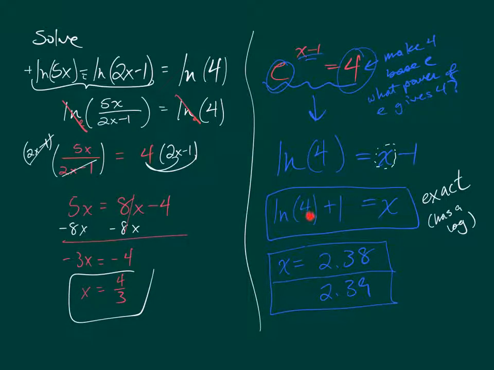A natural log of 4, that's a very precise number. These are just approximations, because there are some decimals there. That's how you can tell the difference between exact answers and approximate answers. And one way to get approximate answers after you do a bunch of solving like this is to use the change of base formula. That's why we mentioned it a few slides ago.